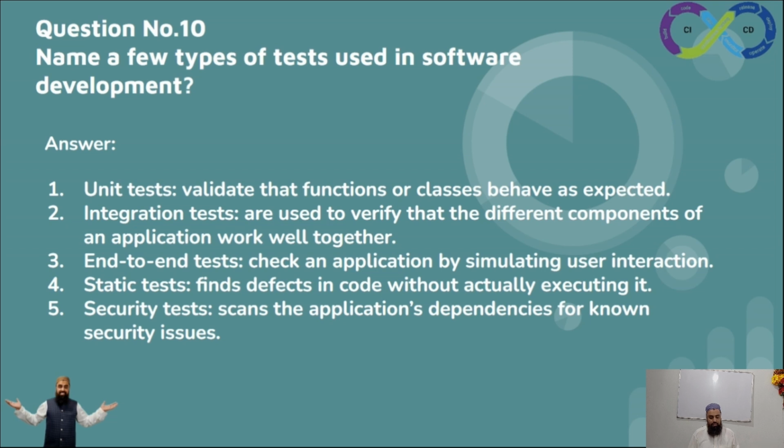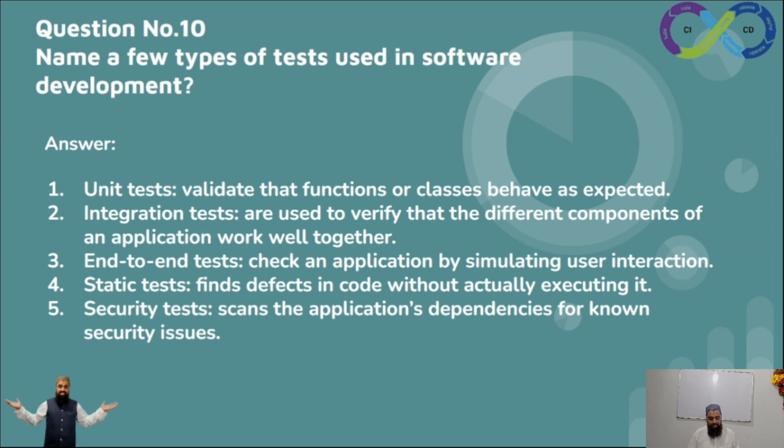Unit tests validate that functions or classes behave as expected. There are no changes, there are no failures. Integration tests are used to verify that the different components, like I said, different modules of an application, all work together. There is no broken integration or broken module.